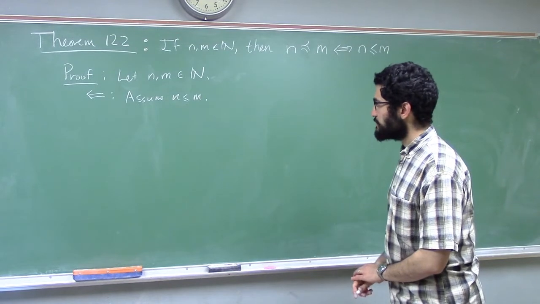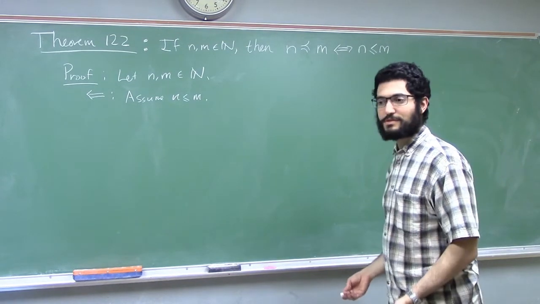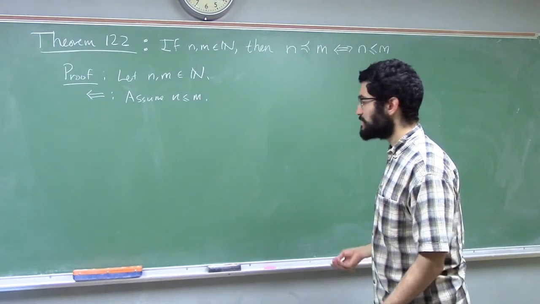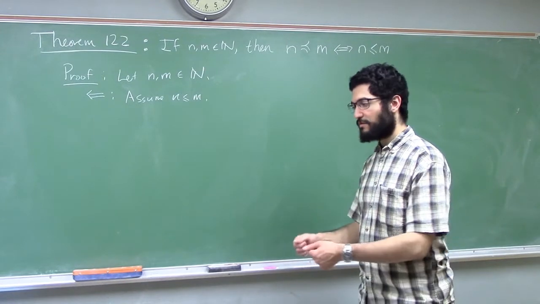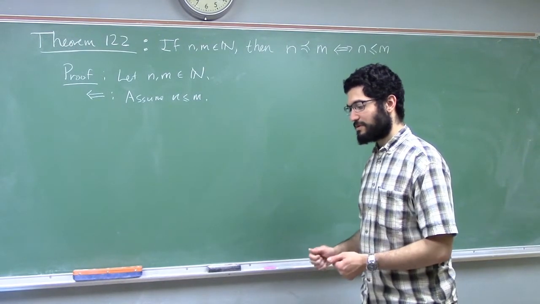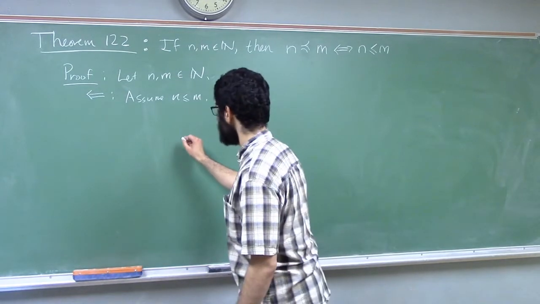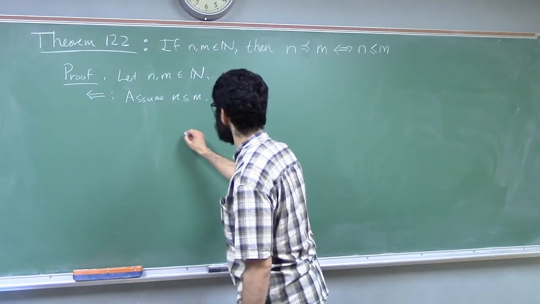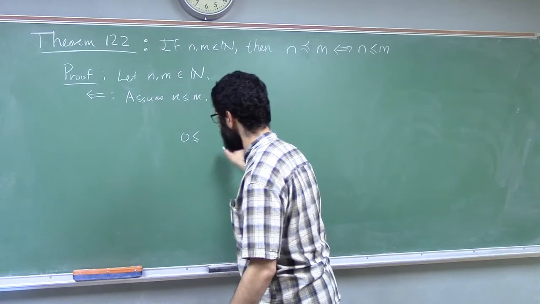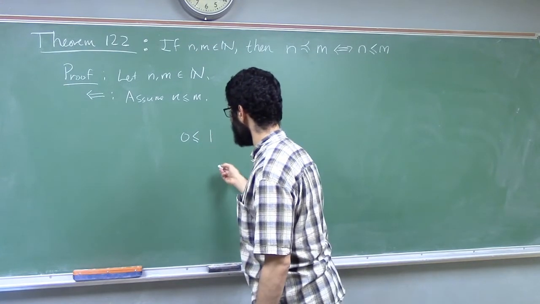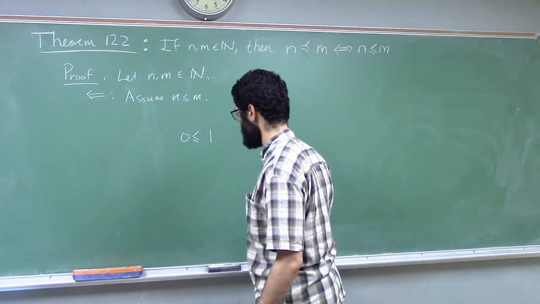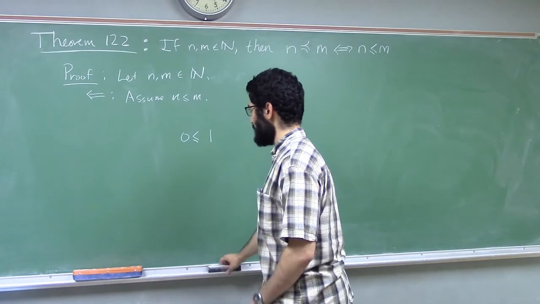Let's think about what happens for small numbers. Sometimes if you're stuck, it does help to look at an example and see what features of your example can generalize. So for example, 0 is less than or equal to 1. Is there an injection from 0 to 1? Well, 0 is the empty set.